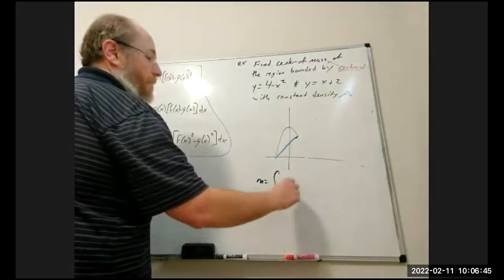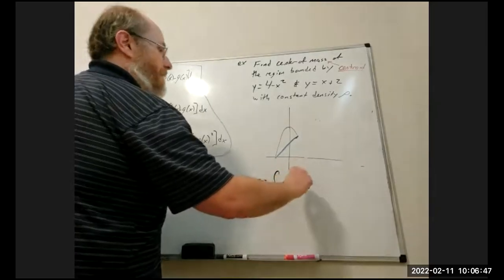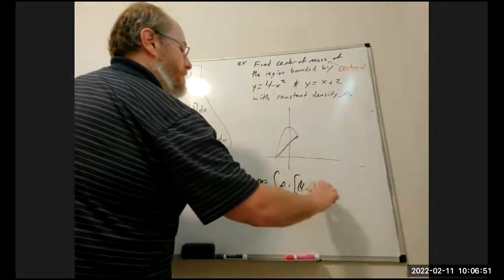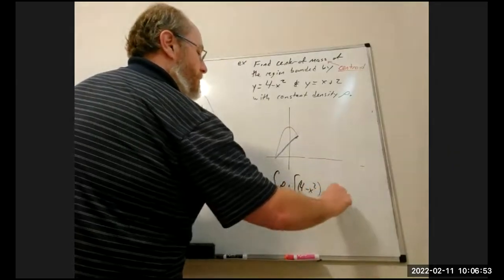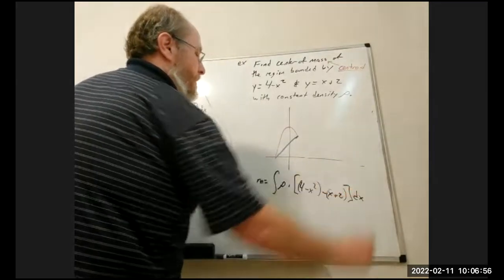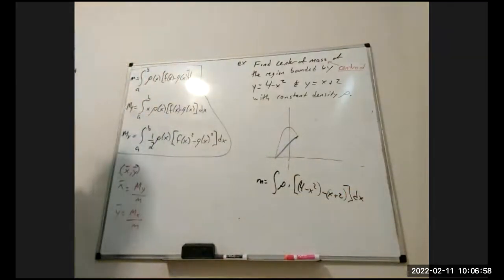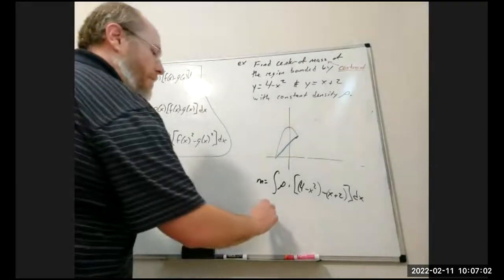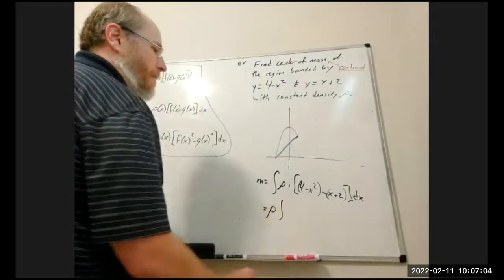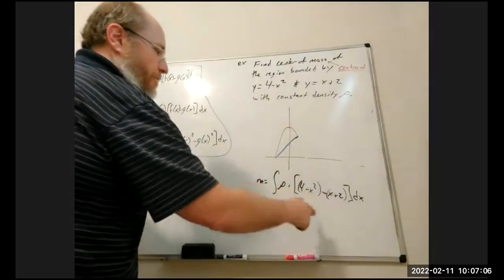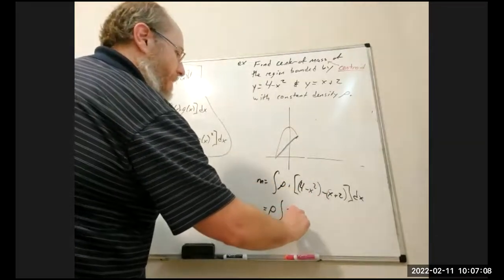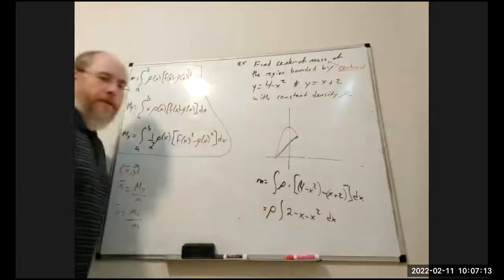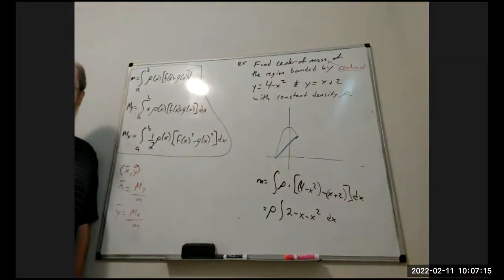So I'm just going to leave it as rho times F minus G. So 4 minus x squared minus x plus 2. We're going to be able to pull that rho out. And then if I just distribute and group like terms and all that lovely stuff, I get 2 minus x squared. So that's going to be a pretty easy thing to integrate.